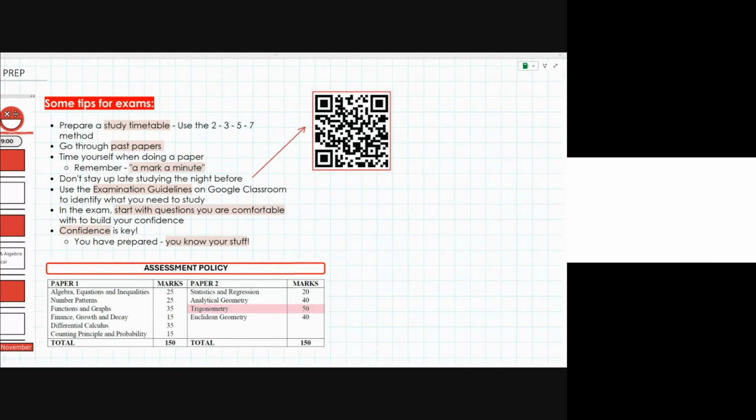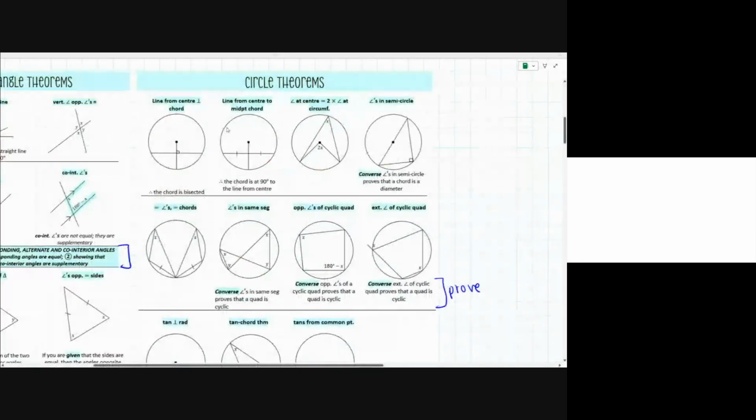And just to give you an idea here, last year's grade 12s were asked the theorem proof of this first theorem that you learn in grade 10. Literally this very first theorem that you learn in grade 10, that was the proof question they were asked in their finals last year, which is a little bit mean, if I'm being honest, but just be prepared for the fact that we can ask you any of them.